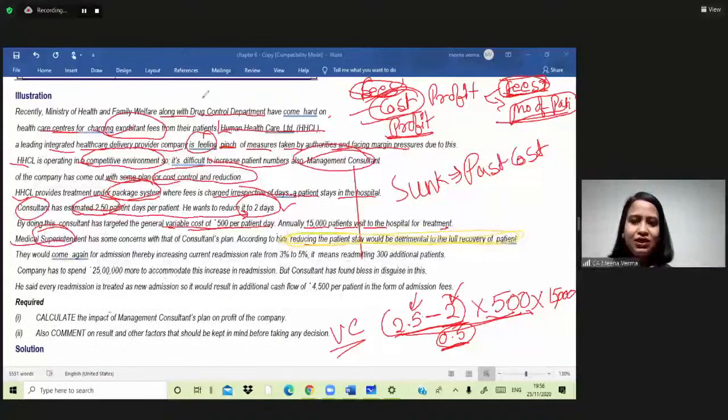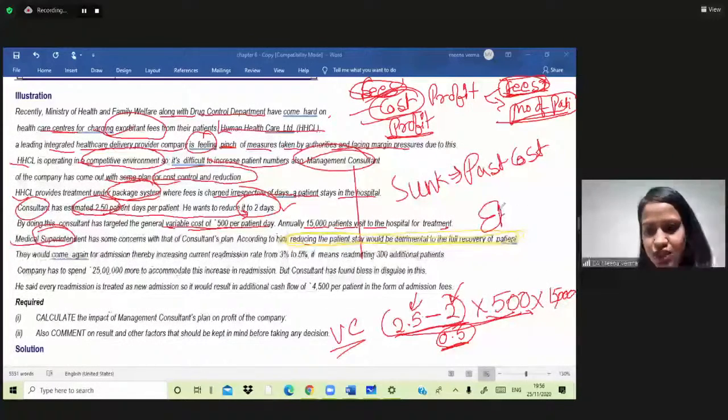In this way, what happens? This will increase the dissatisfaction of the patient. The patient will fall ill again and come to the hospital again. So this is not ethical. This is ethically not good.